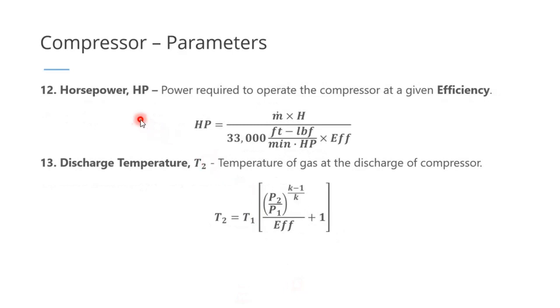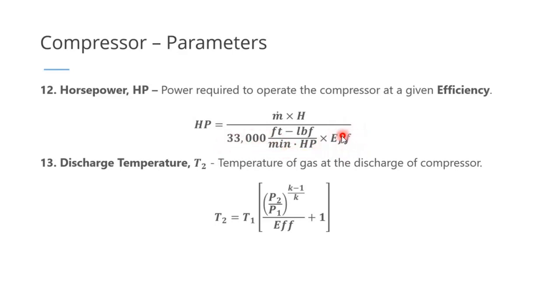Next is syempre yung power required to operate the compressor at a given efficiency. So, horsepower, HP, is equal to mass flow rate multiplied by the head divided by the conversion factor for foot-pound force per minute per HP. So, 33,000. And divided by efficiency.